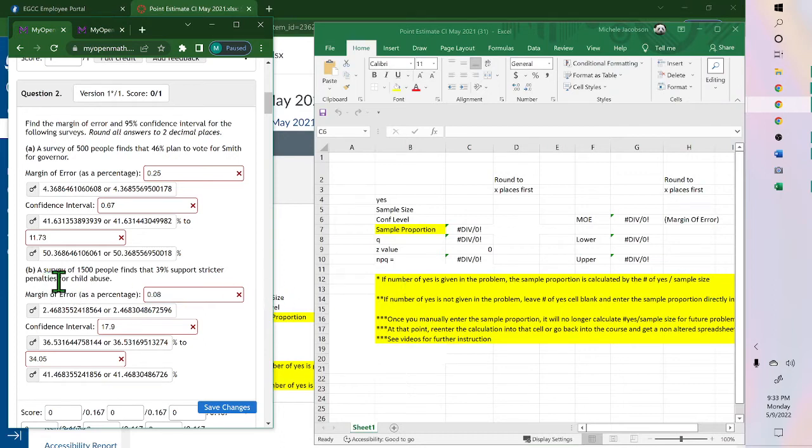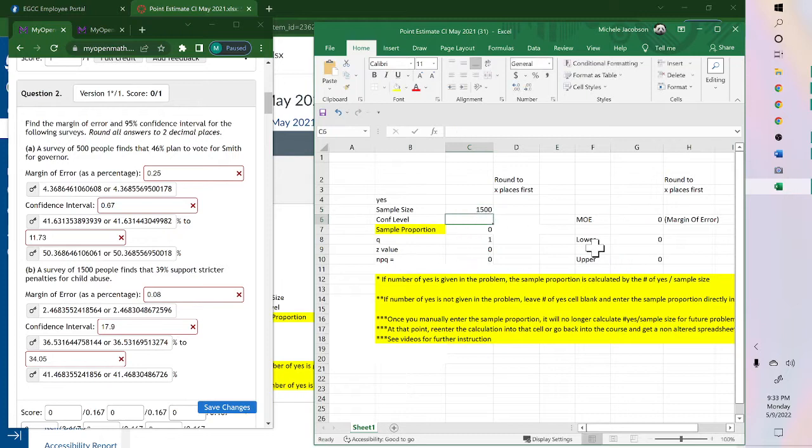So for part B, a survey of 1,500 people, sample size 1,500, confidence level 0.95, sample proportion 0.39. And then the margin of error.